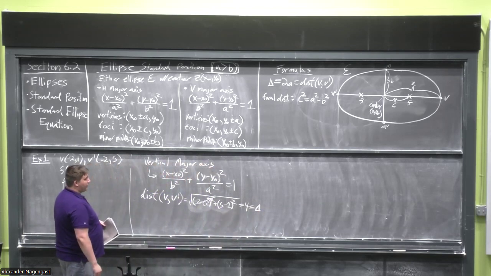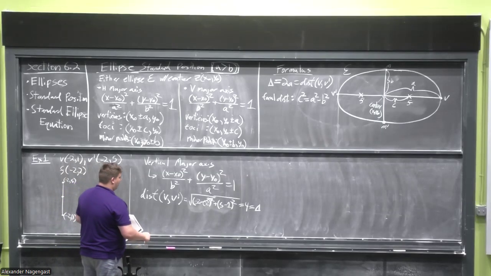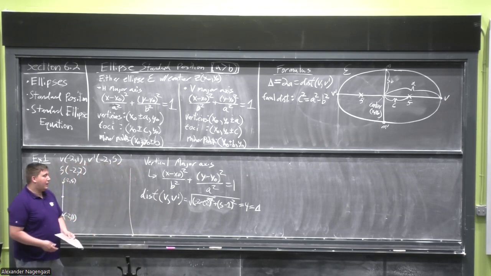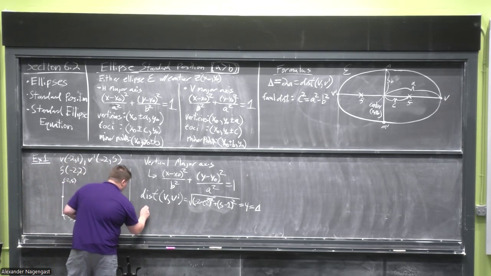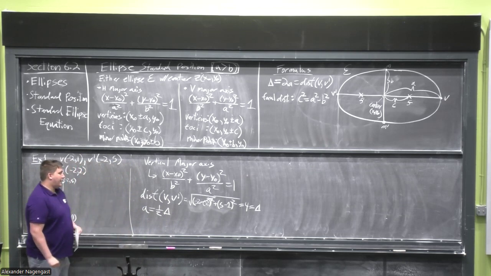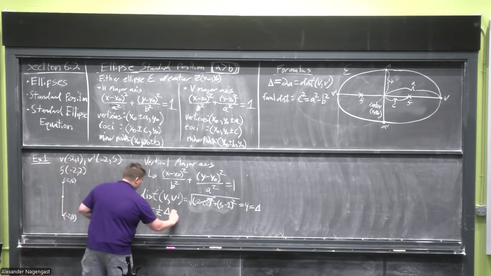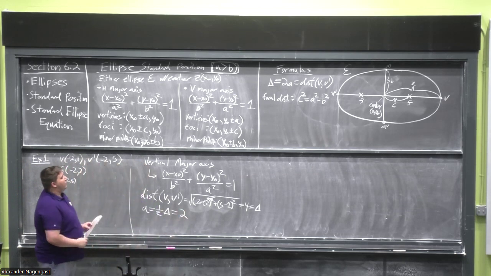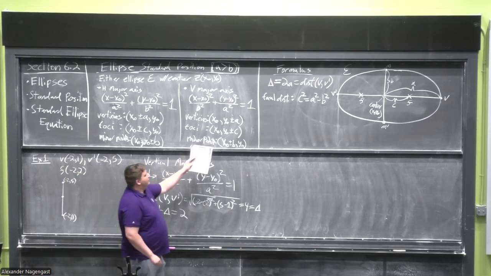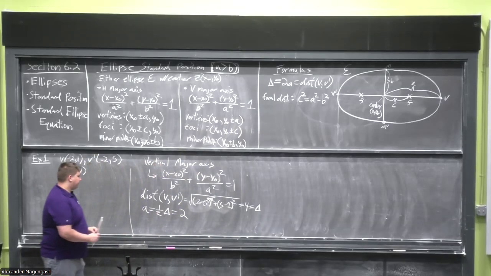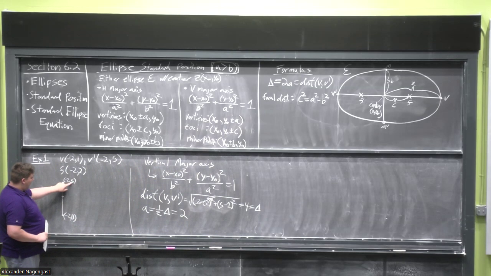We want to find our midpoint, so we can either use a midpoint equation from an algebra class, but what we can also do is get our A equal to 1/2 times our delta, because 2 times our A is equal to our delta, which means we have A equaling 2. We know that our vertices are our y-coordinate, y0 plus or minus A. So here I have to go down to, here I have to go up to.